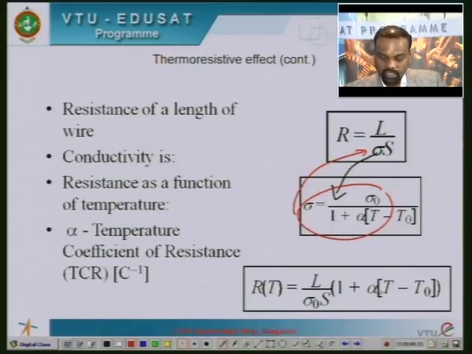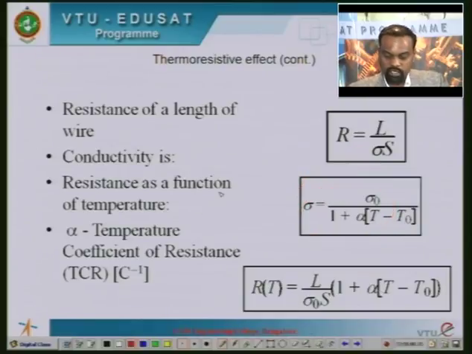Earlier the equation was R is equal to L by sigma S. Because the conductivity now has a different parameter involved, if you substitute this sigma into your equation, R of T is equal to L by sigma naught S into 1 plus alpha into T minus T naught. So the resistance of the device is not only dependent upon the length and S, but also depends upon temperature T.